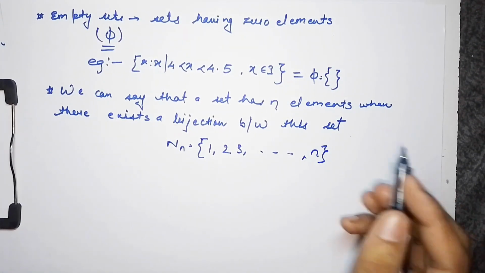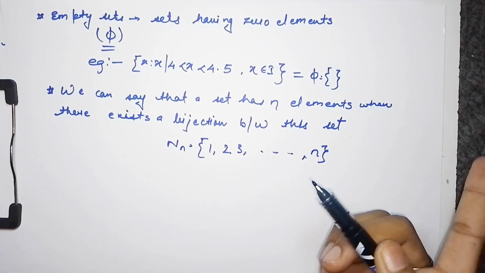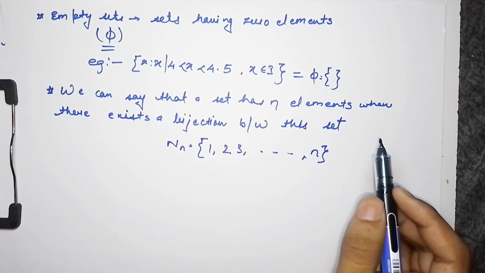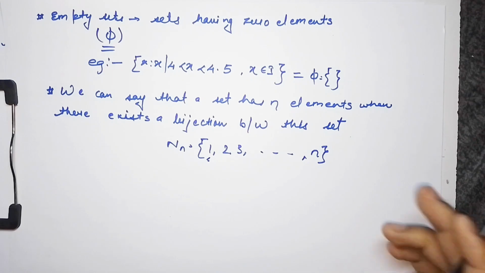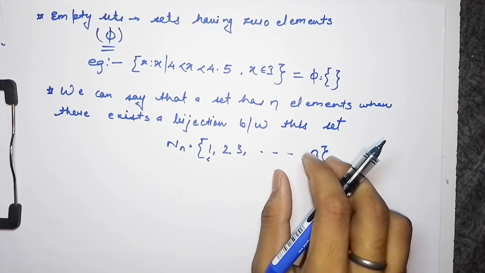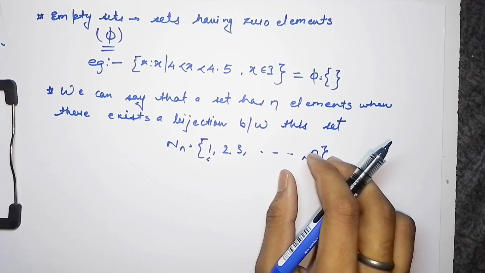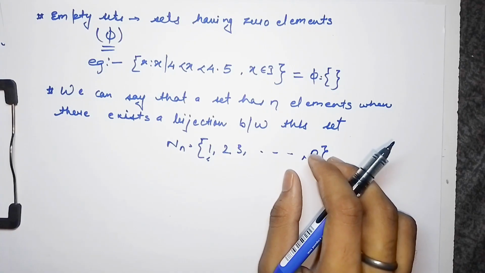Basically, in simple words, we are trying to say that for every element in the set, there will be one corresponding natural number. So in that case, we would say that this particular set has n elements. I hope that it's clear till now.